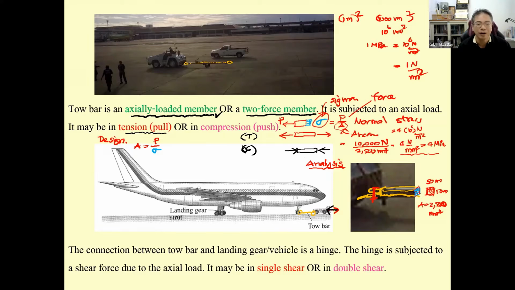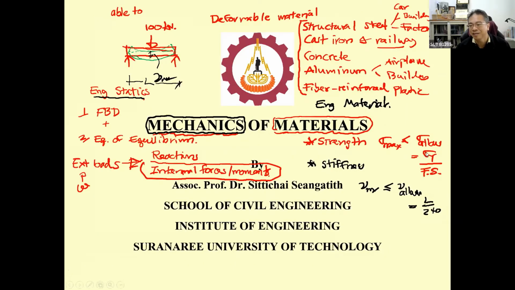However, in this design, the sigma that you use will be given. If it's not given, it can be known by testing. As I told you, we have this equation, sigma allowable.